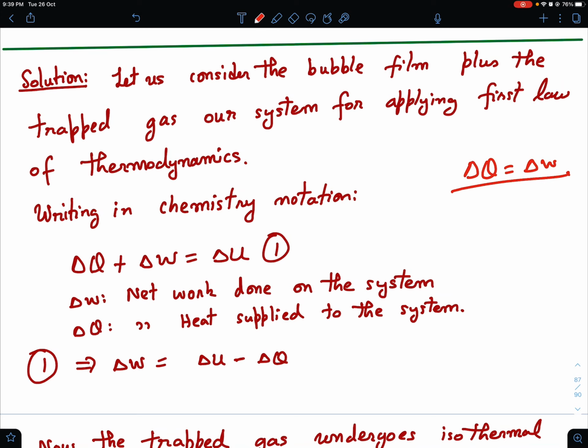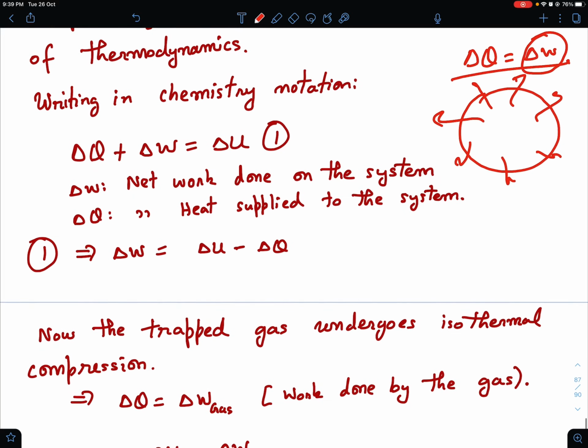Of course the membrane's internal energy is changing, but as far as the gas is concerned, the gas is also exchanging heat with the atmosphere. And we know that whatever heat is supplied to the gas is equal to the work done by the gas. Now please mark my words carefully: I am saying heat supplied to the gas is equal to work done by the gas. Now this is work done by the gas, right?